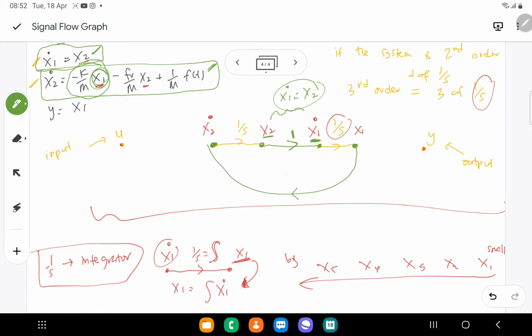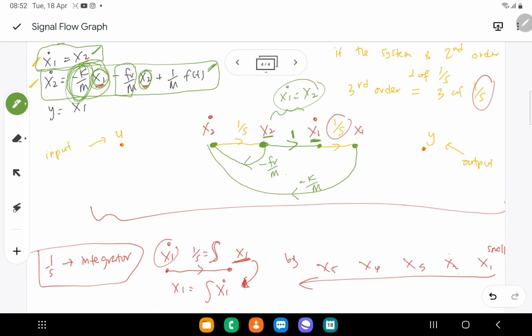The gain is negative k over m. Next, x2. This is the location of x2, so it must go to the x2 dot. The gain is negative fv over m. Easy, right?